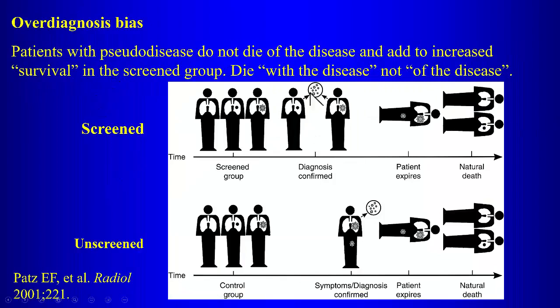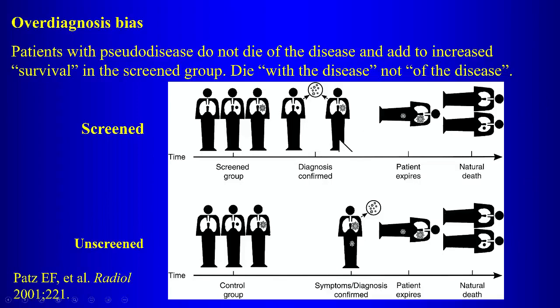In these unfortunate diagrams here, this represents patients who have expired. Let's assume that whether patients are screened or unscreened, it doesn't matter in terms of the overall mortality rates. But what happens is that we might have a tumor that is detected in the screen group, and the patient doesn't die of the tumor.